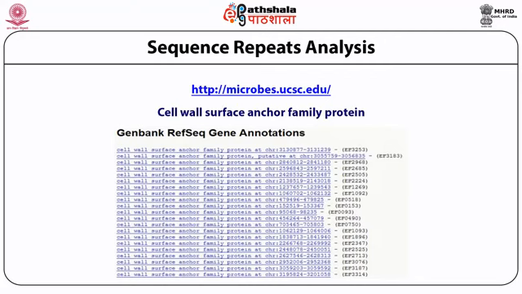Using cell surface anchor family protein as the search term, find all the proteins using the Enterococcus faecalis genome browser at UCSC. In the results window, click on the last record in the list, gene number EF3314, and download the protein sequence in FASTA format.